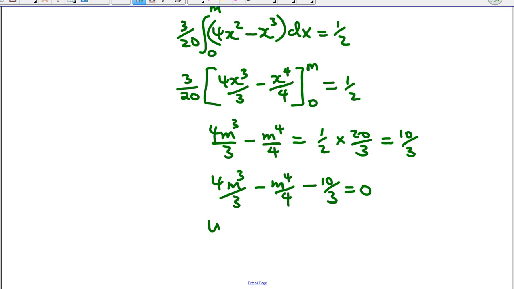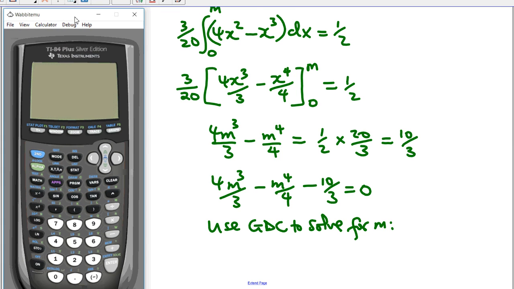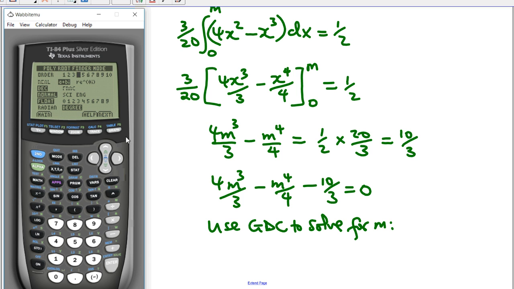Let's use GDC. So use GDC to solve for m. So I'm going to use GDC to solve for m. All right. So let me take it to the left. So if you go to apps, PolySmlt, yep.